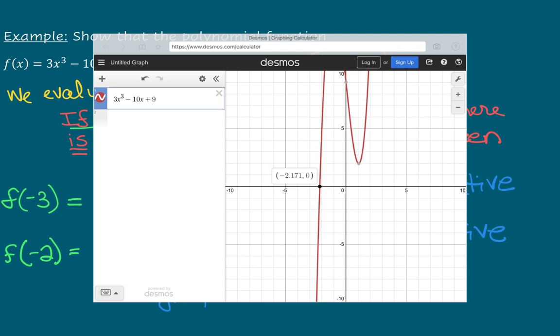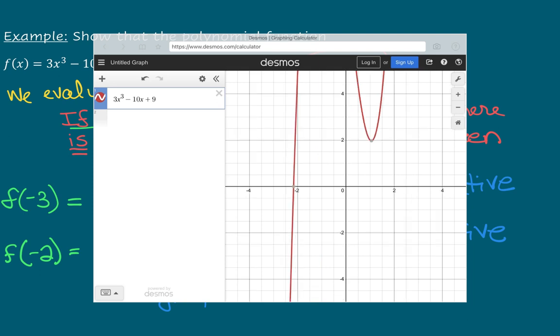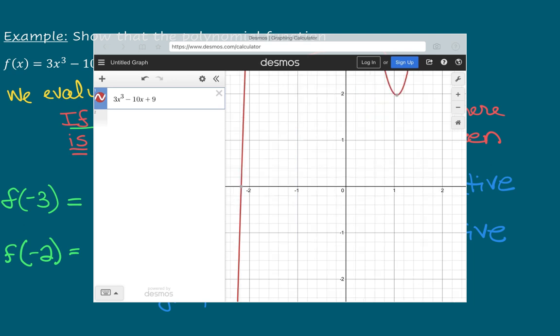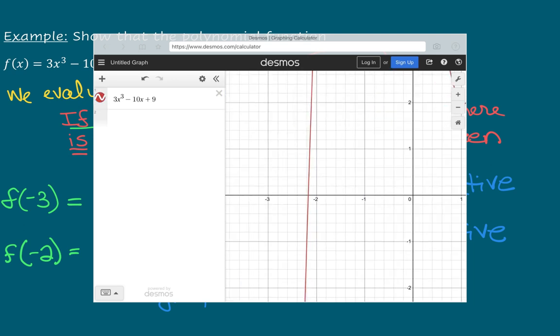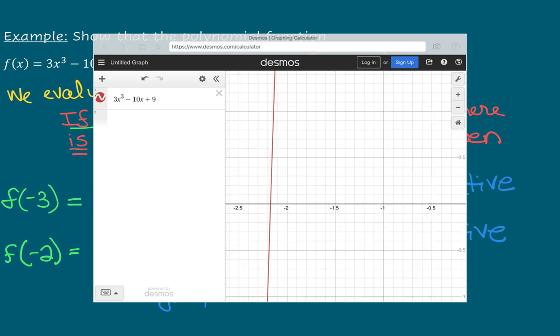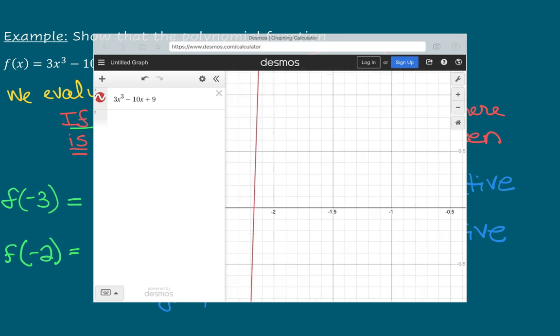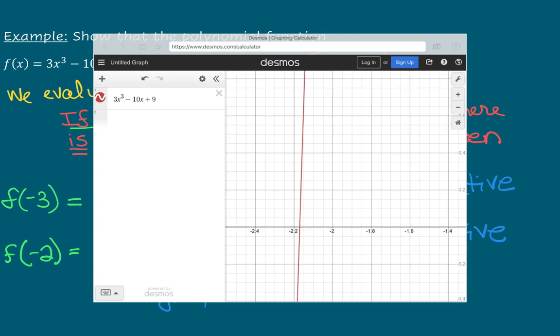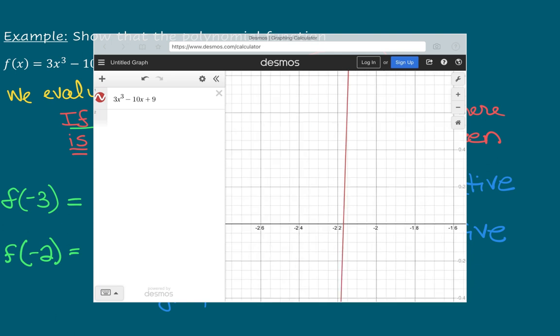So if we were to zoom in, we can see that it's going through our graph between negative 3 and negative 2. Here's negative 2 here on our graph, and negative 3 is over here. Now it doesn't have to be close to those two numbers, it just has to be between that interval of negative 2 and then negative 3 over there on the left.